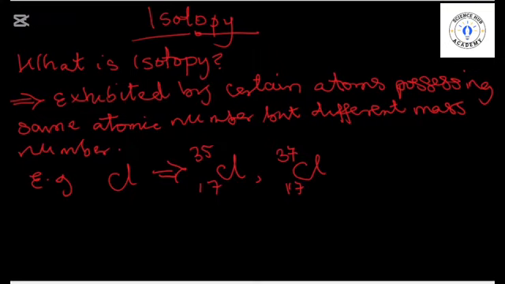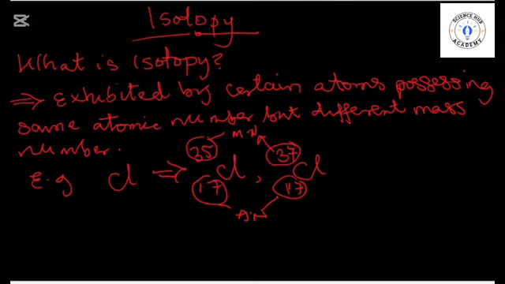In this case, chlorine has the same atomic number, 17. So the atomic number is the same, but the mass number is different, 35 and 37. What makes the mass number different is actually the number of neutrons.